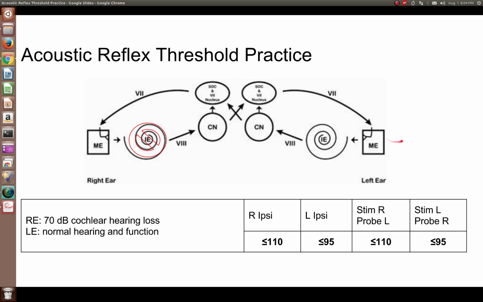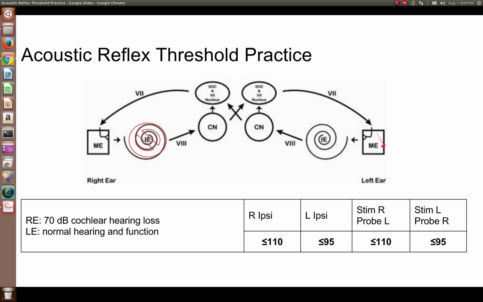And then when the stimulus ear is our left ear, which is our totally good ear, we're measuring the reflex in the right ear. It should be normal. Why is it normal? The fact that we have a pathology in the right cochlea is irrelevant because it's not part of the left contra reflex pathway.